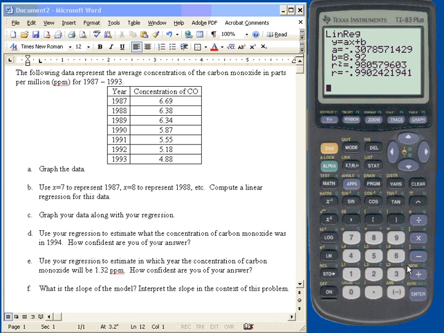Now the calculator has done a couple of things here. One, it's computed the regression. So over here in my homework I would write y equals negative 0.31x plus 8.92. The other thing it's done is it's computed this R squared value. This is the reason we turn the diagnostic on.